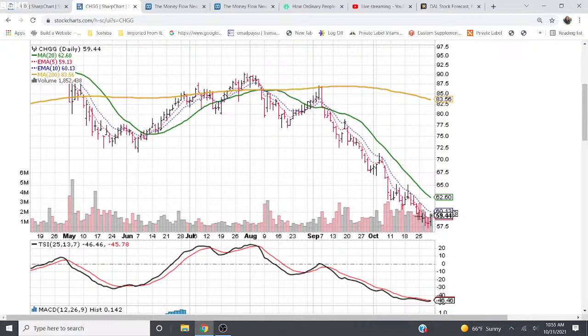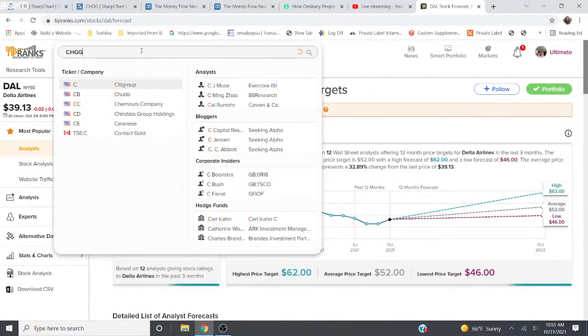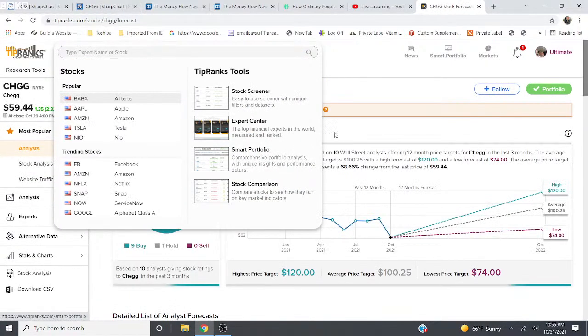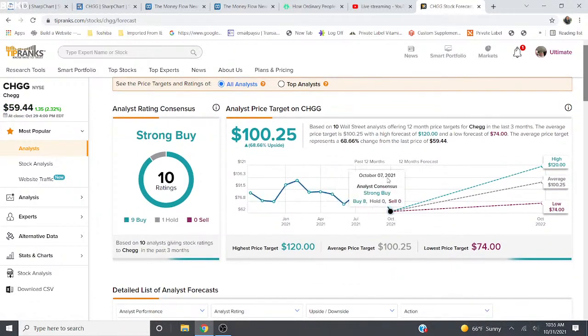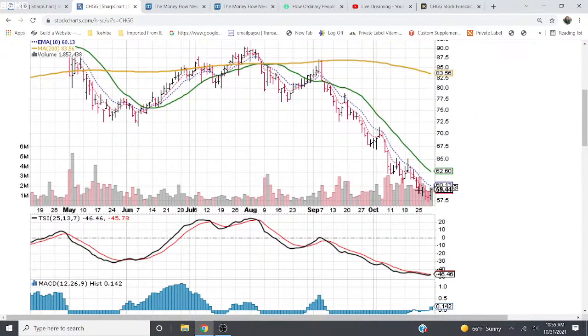You could nibble here. It's pretty undervalued. But these stocks are not getting any love, man. These stocks are out of favor, dude. $100 target, come on, man. Yeah, I would nibble. I wouldn't back the truck up or anything. Just nibble on it, man. You might make a run at it.